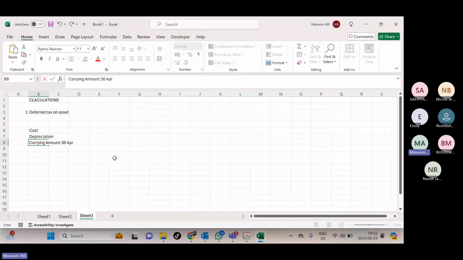30 April 2001. Okay. Then we've got depreciation again, and then carrying amount for April 2002.